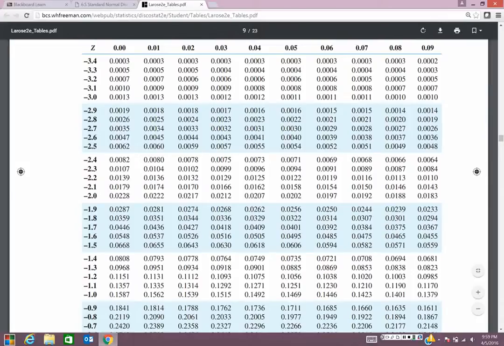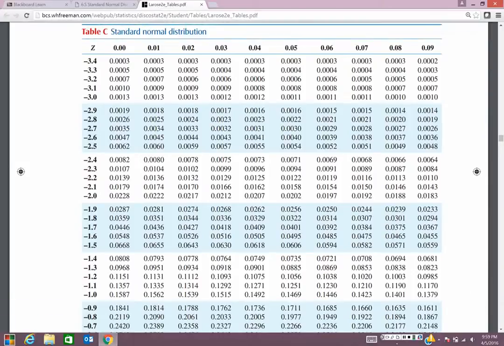Now, when you find a Z-score, remember that I want you to round your answer to the hundredths place. So for Z-scores, you will always have the hundredths place. Now, if I gave you Z equals negative 3.40, notice I have the hundredths place here. The 4 is in the tenths place, right?